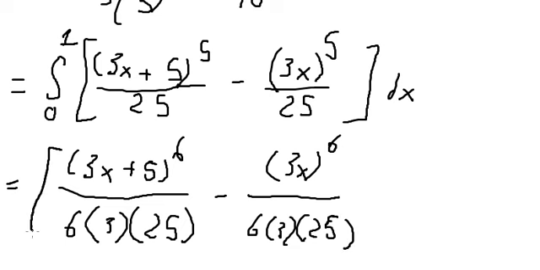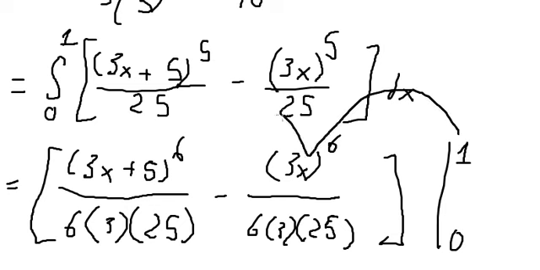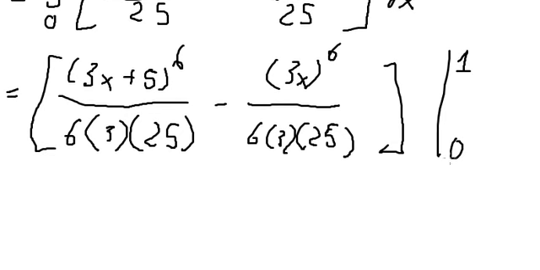We put the bounds from 0 to 1. So we put number 1 in here, number 0 in here. And we have the final answer.